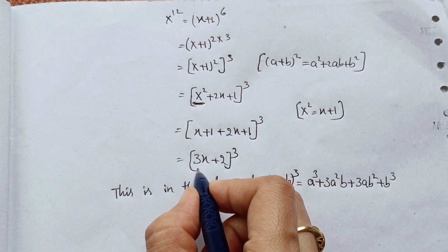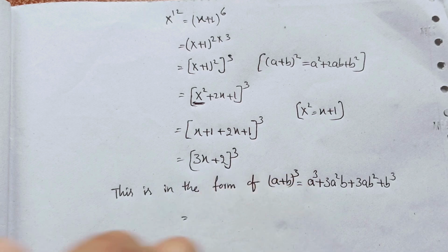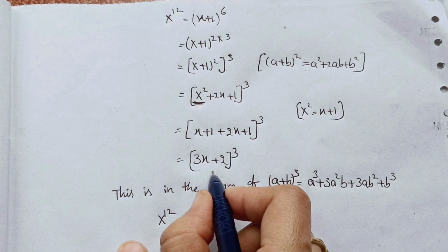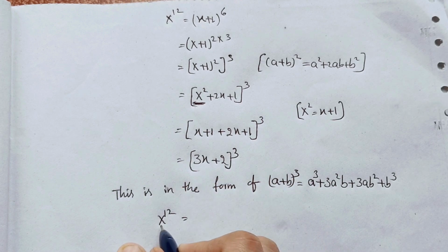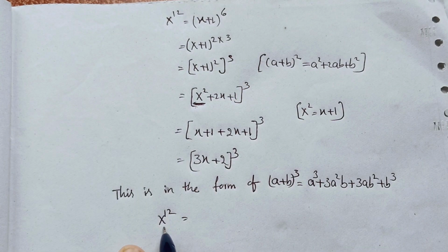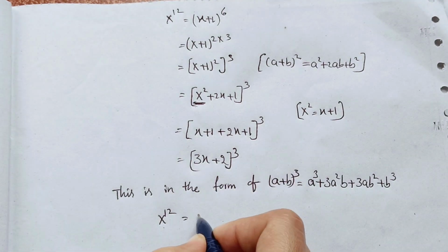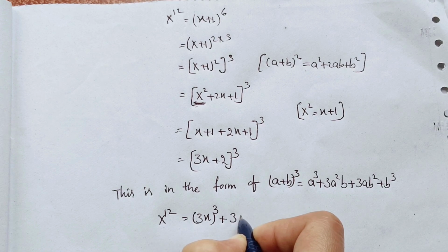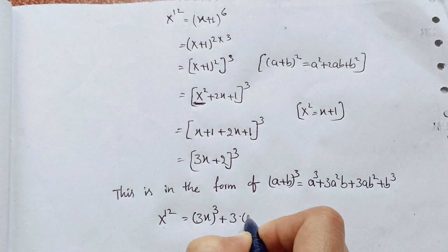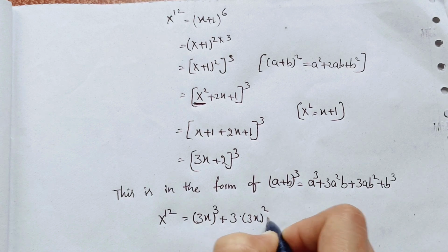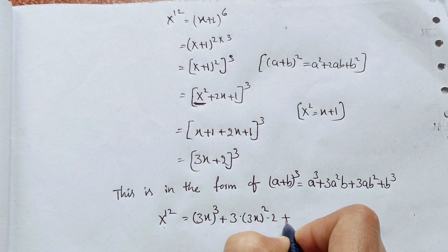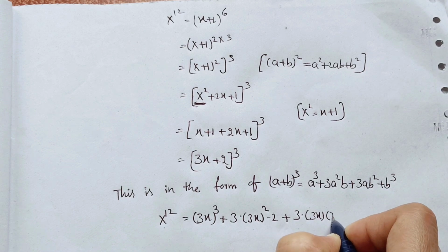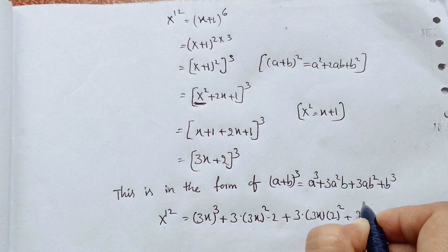Here in the place of a I have 3x, in the place of b I have 2. So x to the power 12 equals (3x plus 2) whole cube, which is (3x) whole cube plus 3 into (3x) whole square into 2 plus 3 into 3x into 2 square plus 2 cube.